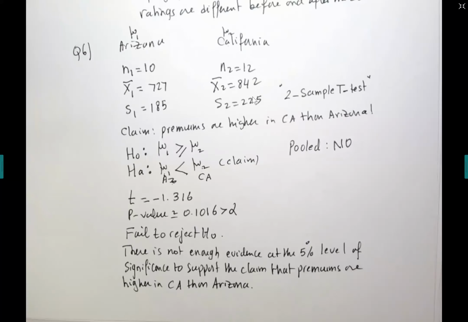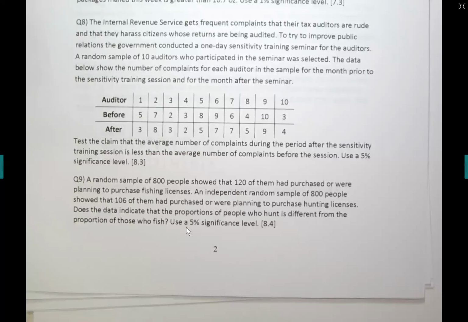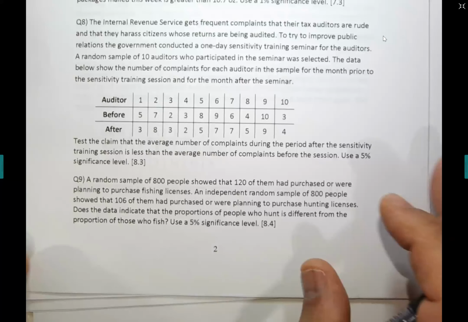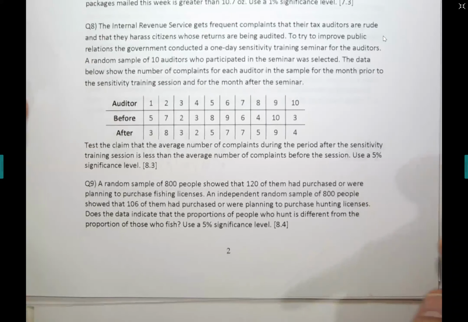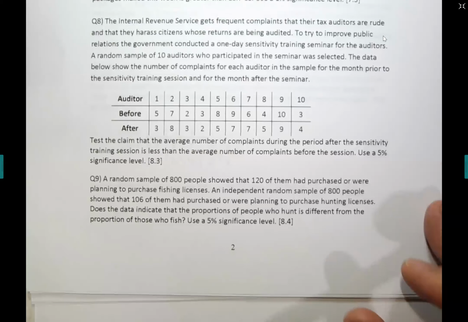Any questions, guys, about number 8? Let's see what 8 is about. The Internal Revenue Service gets frequent complaints that their tax auditors are rude and they harass citizens whose returns are being audited.